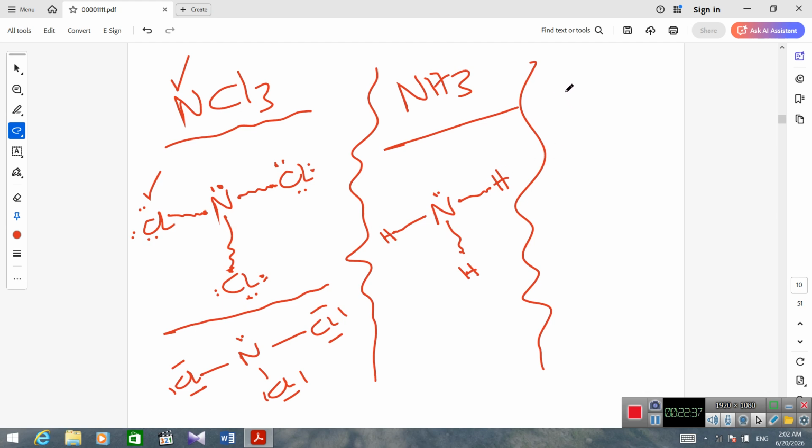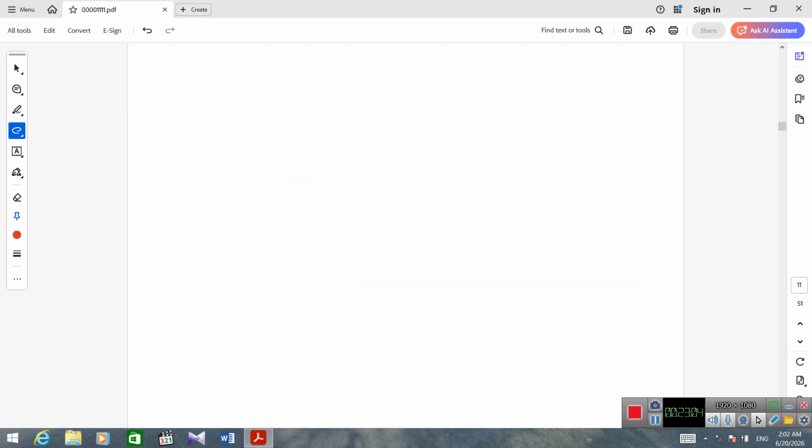Or for water, H2O, again oxygen is the central atom, which has 6 electrons, from group 16 or 6A, and the hydrogens, and we can connect single electrons.